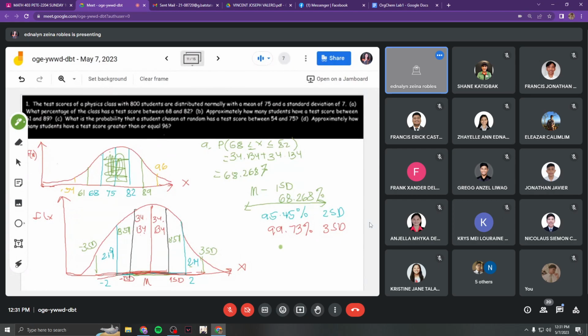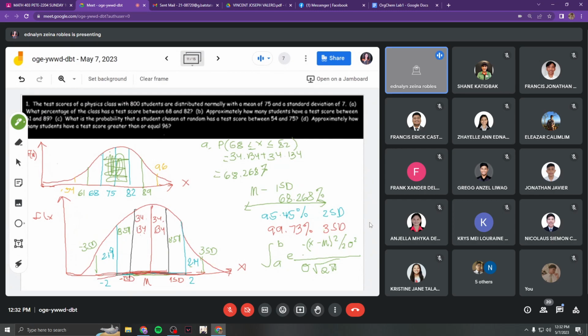What is the formula that we will be using? You can use the formula: the definite integral from a to b of e raised to negative (x minus mean) squared over 2 times the standard deviation squared, all over the standard deviation times the square root of 2 pi, dx. Let me repeat. This is the formula.